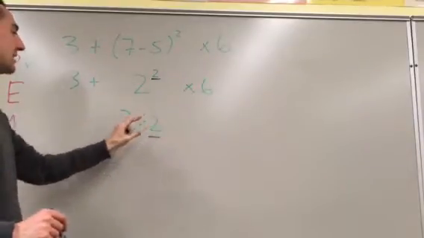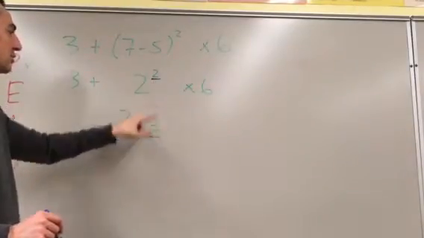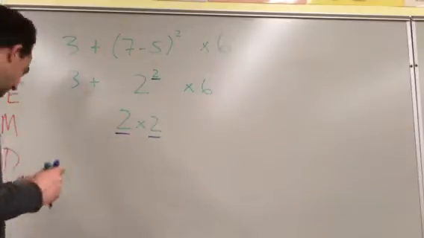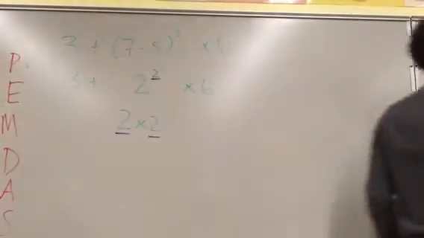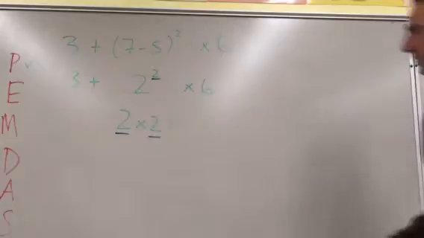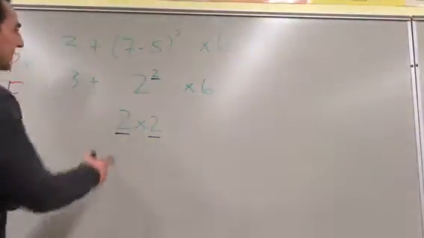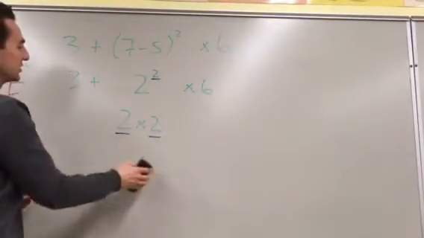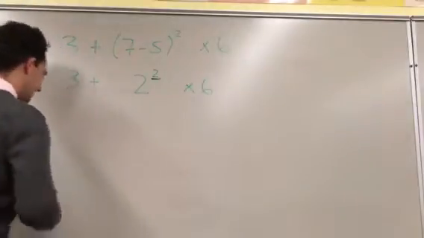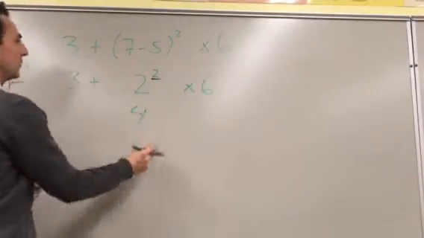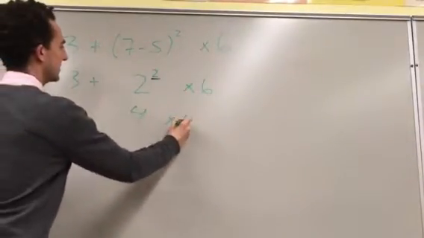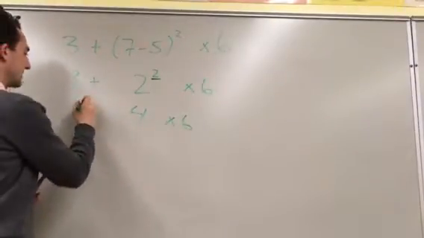Base times base, this many times. So this 2 squared is 2 times 2, which is 4. And we bring down times 6, and we bring down 3 plus.